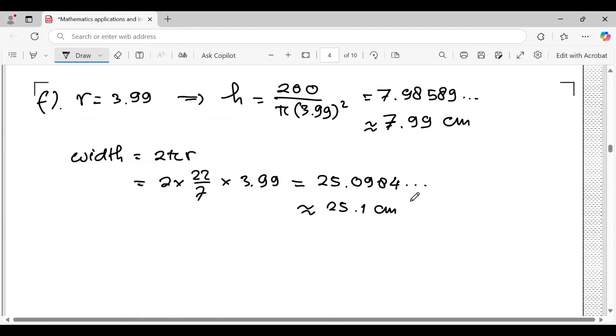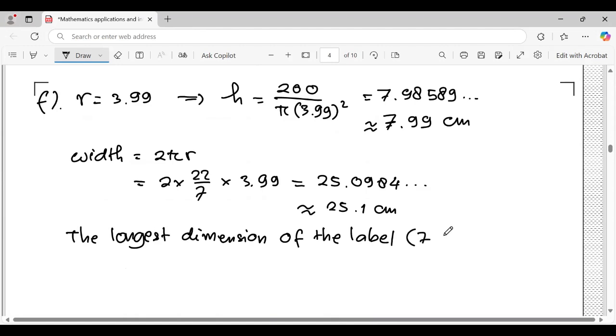Look at this result. So the longest dimension, I would like to write here the conclusion. The longest dimension of the label, of 7 centimeters, is less than both values, whether it's 25.1 or 7.99.